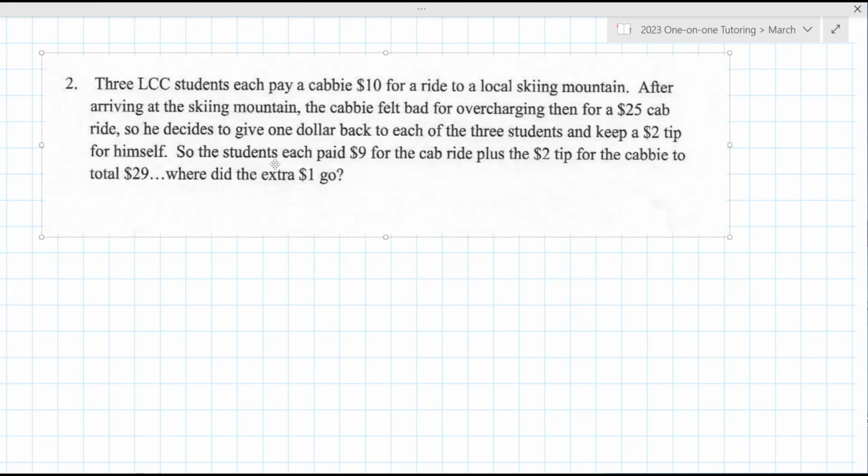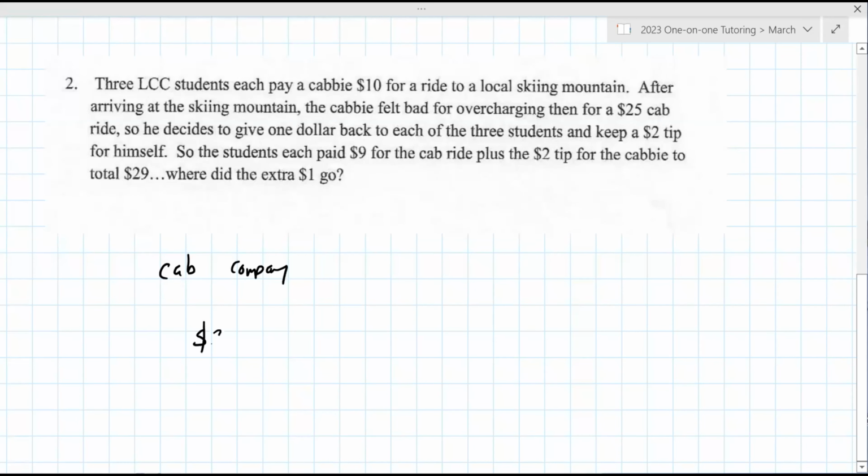Like if you actually laid out the money for this, you would see it, and that's where I think this goes wrong. So here's what actually happens. The cab company is actually getting $25, and the driver is getting a $2 tip.